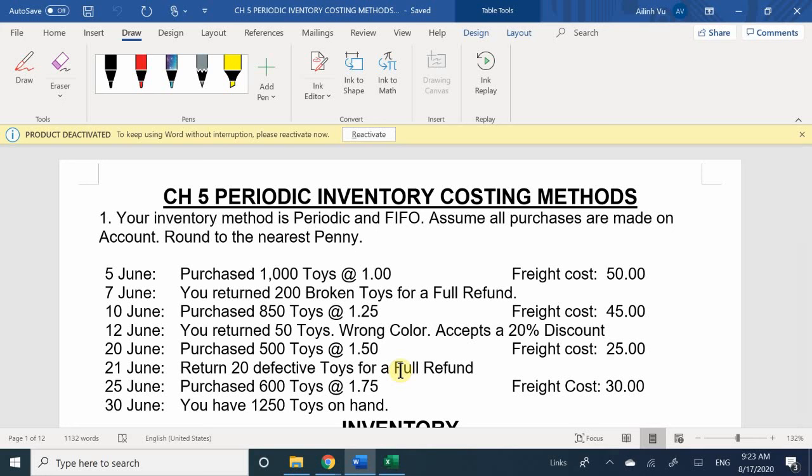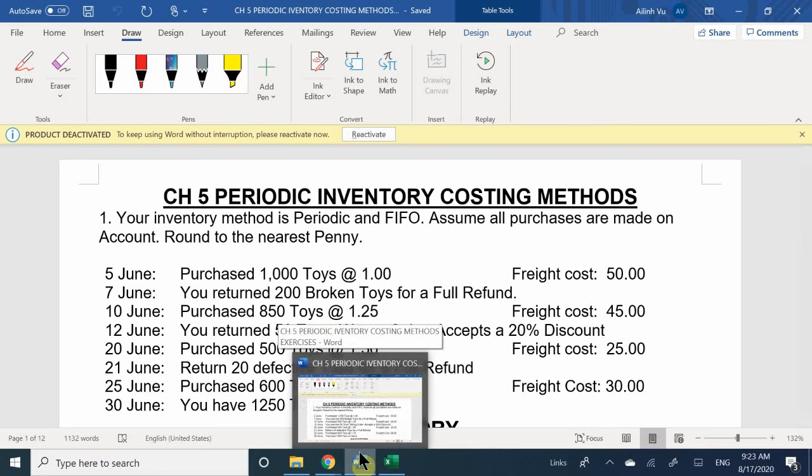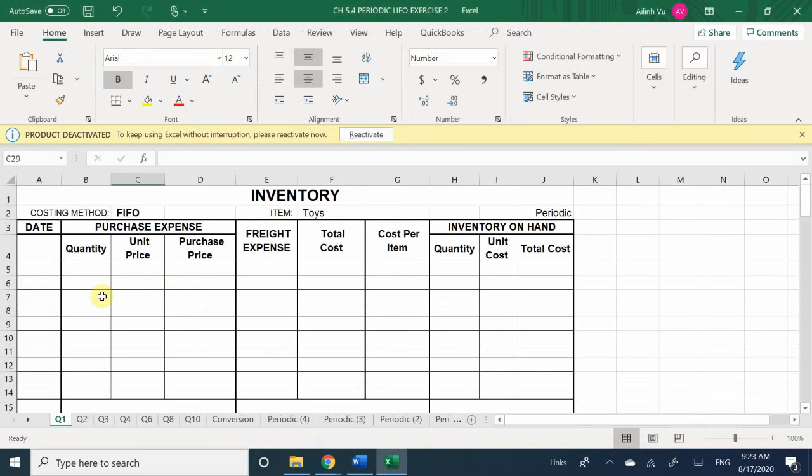We purchased 1,000 toys at $1, and the freight cost was $50. This was June 5th.